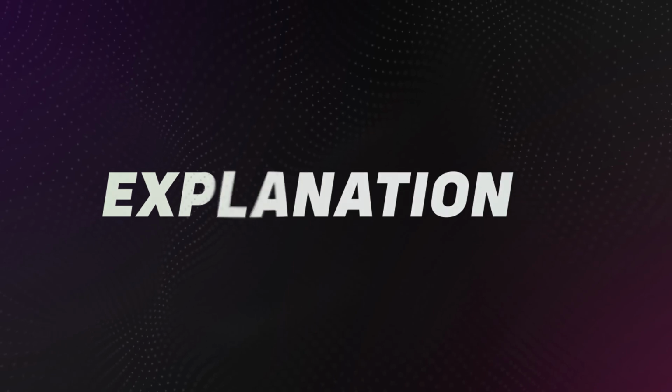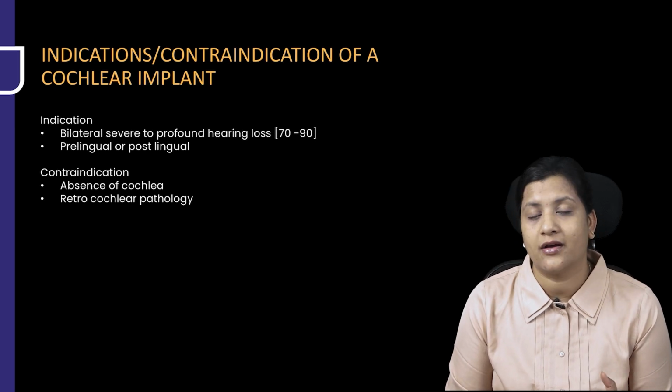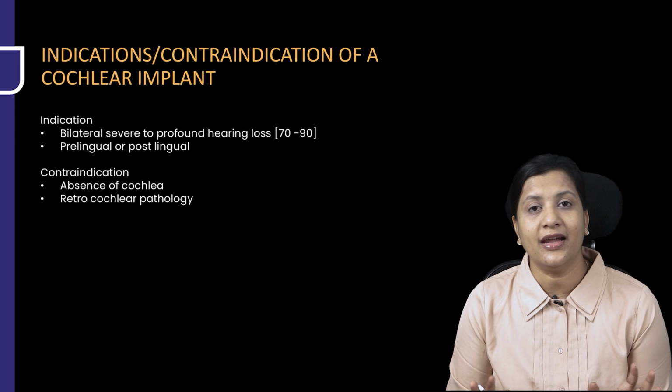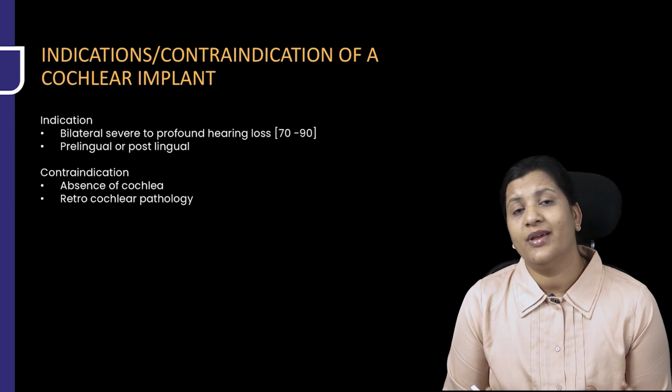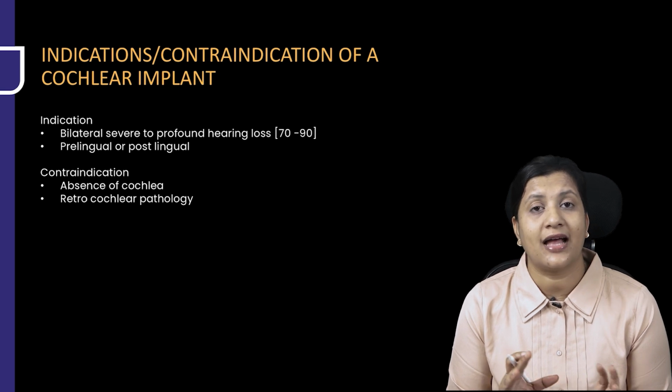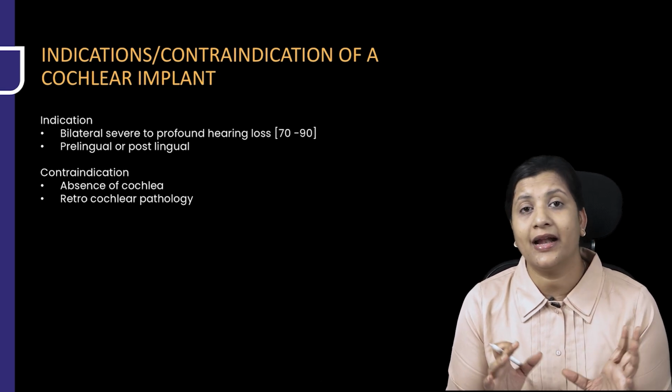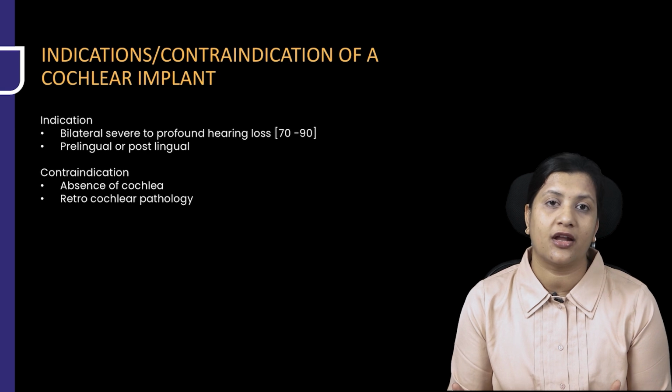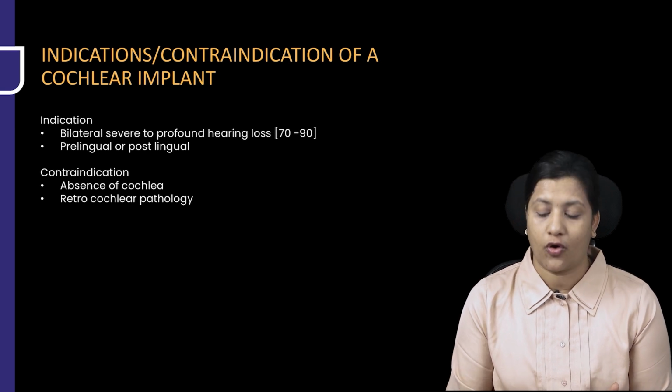Here's the explanation. So cochlear implant, we commonly term it as CI, so we'll understand the indications. There have been a lot of revisions in the indication in today's time, but at least as per literature, bilateral severe to profound hearing loss is an indication for cochlear implant.